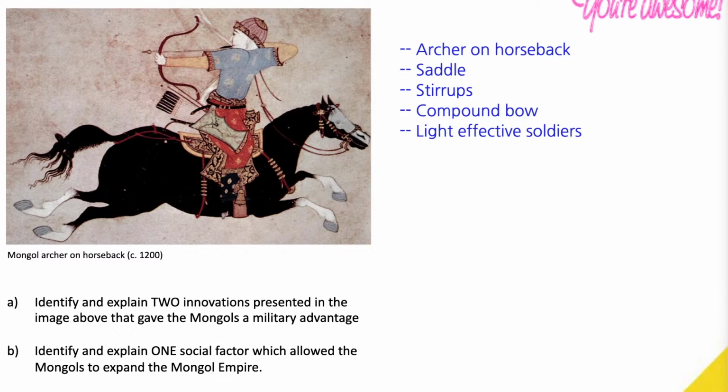And yet the Mongols defeated the samurai in Japan. One of the ways they did that is because of the way they could very quickly move and change battle plans. Battle plans are not depicted here. This is just a soldier on a horse.